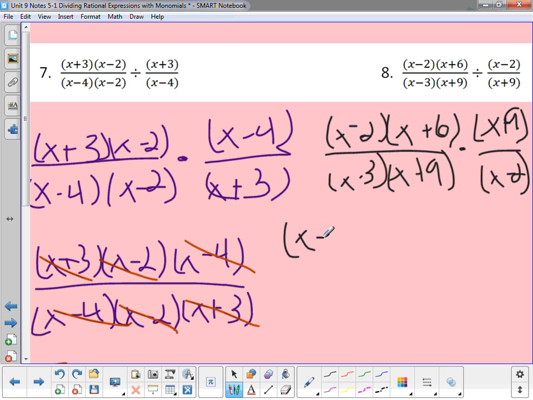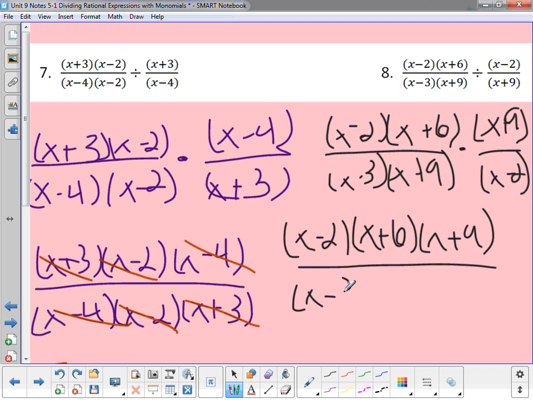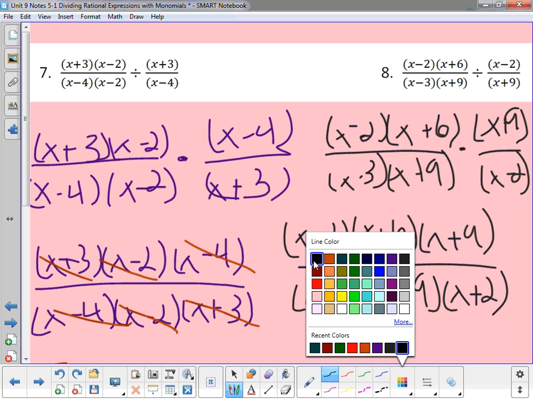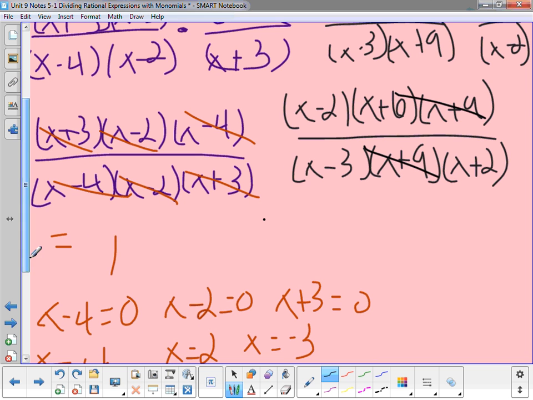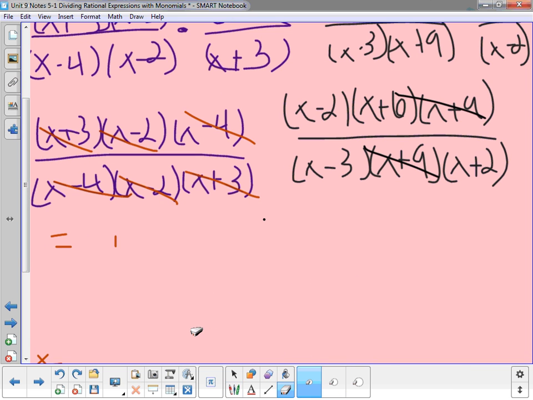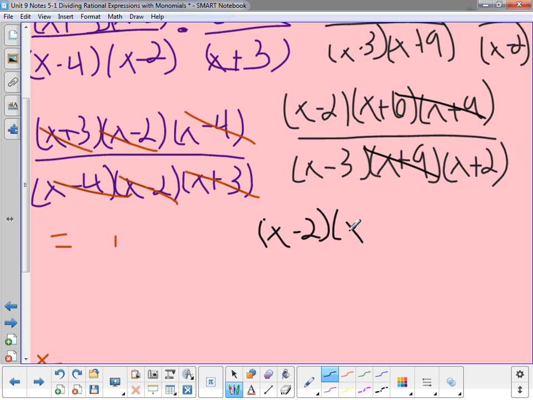Then if you write all of those factors multiplied out as one fraction, we're going to cancel out what's overlapping. Remember, we have to have the exact same sign. So the only thing that cancels is the x plus 9. Let me erase this to give us a little more space. So then we have x minus 2 and x plus 6 on top, and on the bottom, x minus 3 and x plus 2.